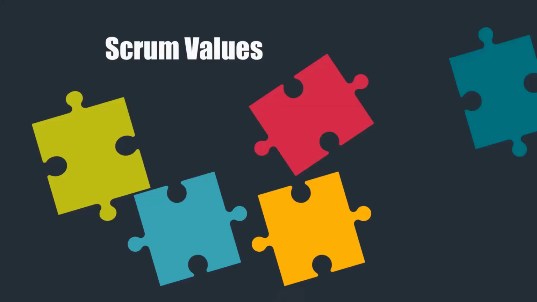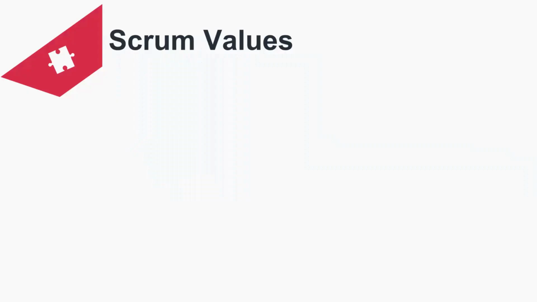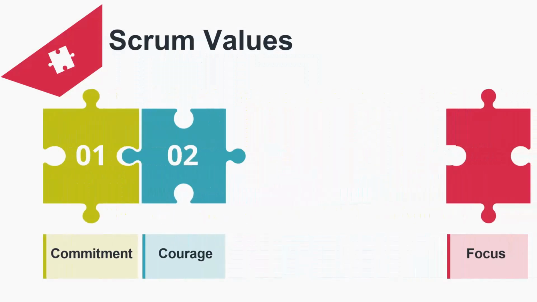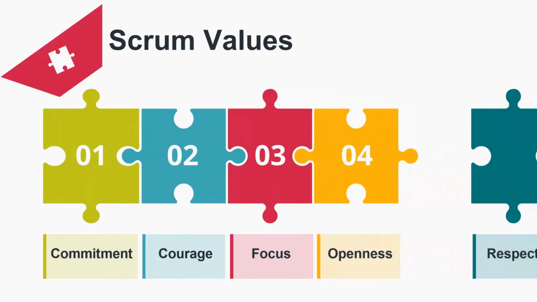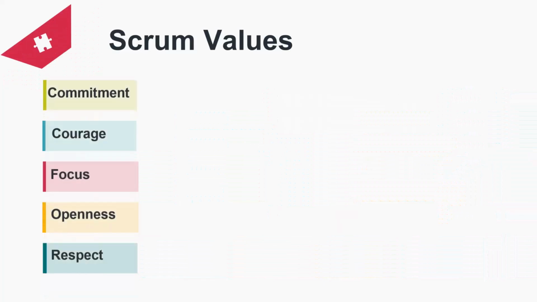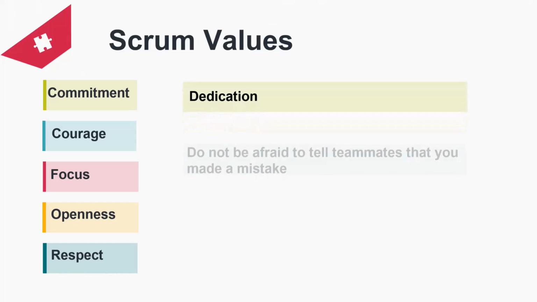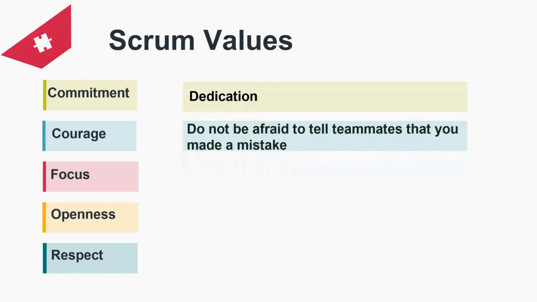Scrum values. Here are 5 Scrum values: commitment, courage, focus, openness, respect. Commitment means dedication. Courage. Do not be afraid to tell your teammates that you made a mistake or did something wrong. You are the team.